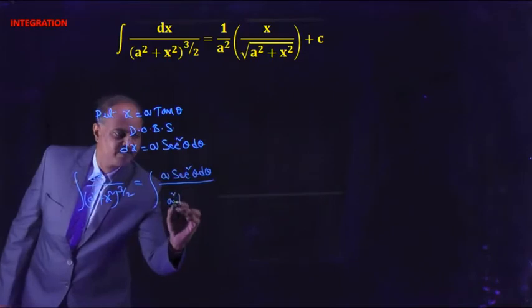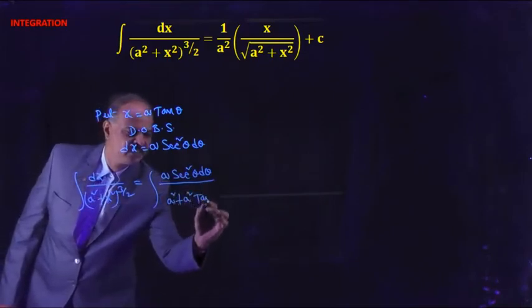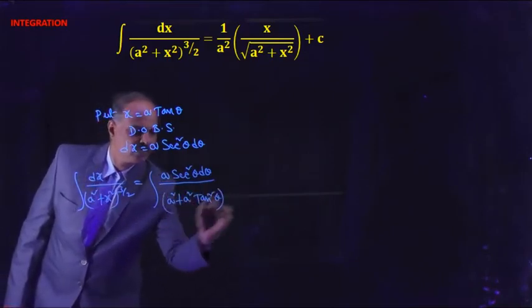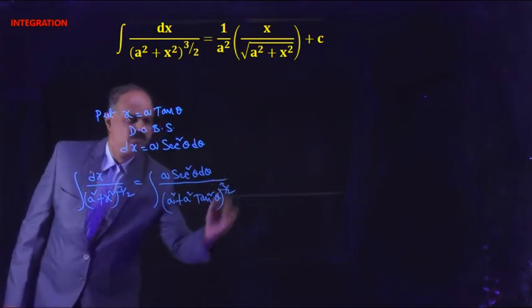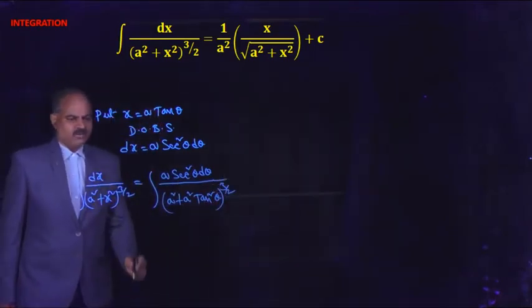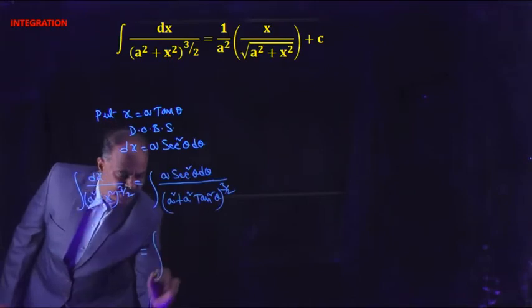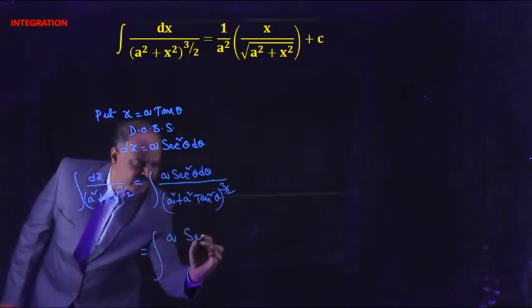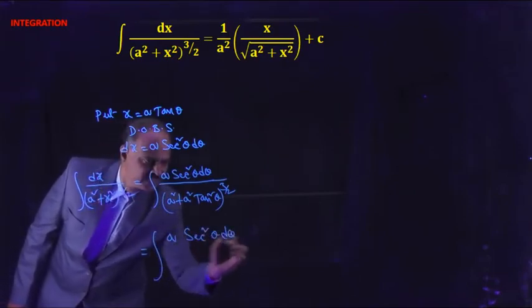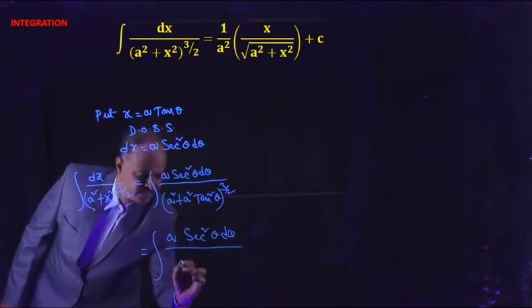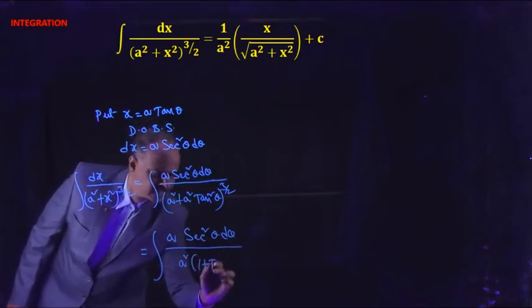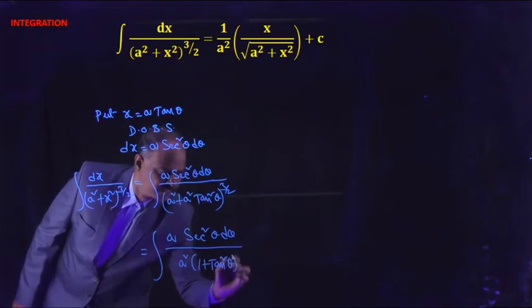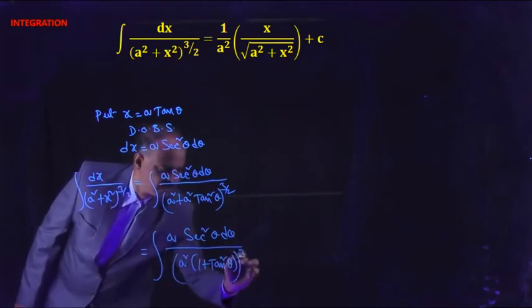Here a square plus x square equal to a square tan square theta plus a square. Now this is equal to integral a into secant square theta into d theta divided by [a square into (1 plus tan square theta)] whole to the power 3 by 2.